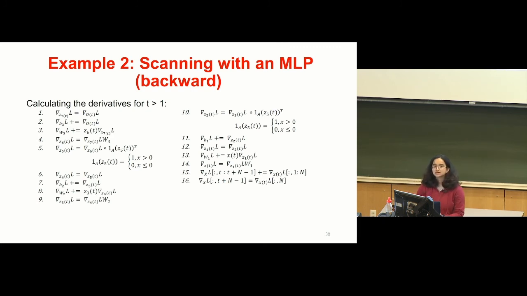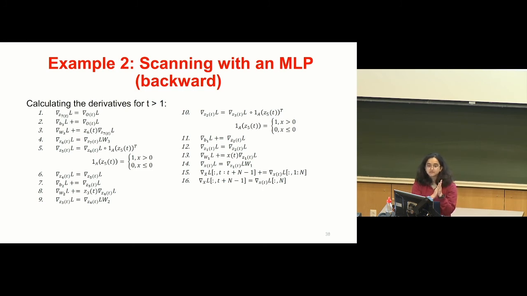Earlier we set the derivatives for the entire first window equal to the derivatives for x small t. But in this case, as another student pointed out earlier, we're just moving the window by one time step. So the second input in the first time step becomes the first input in the second time step.